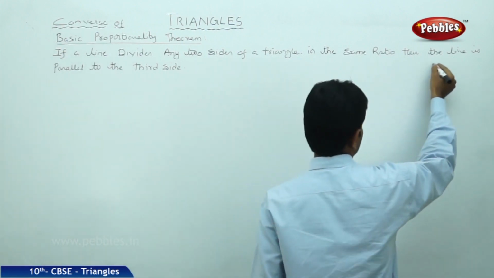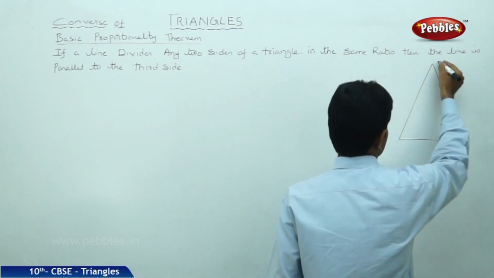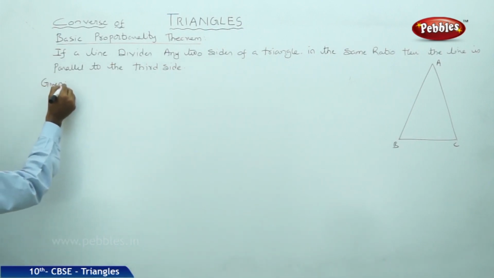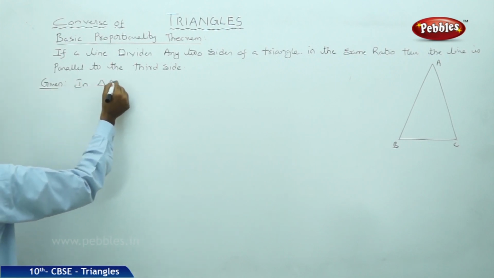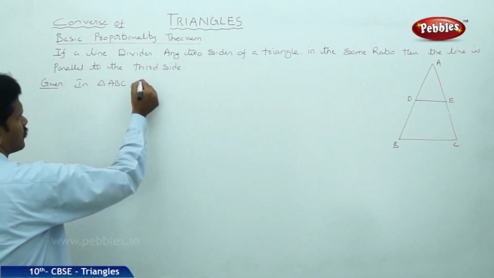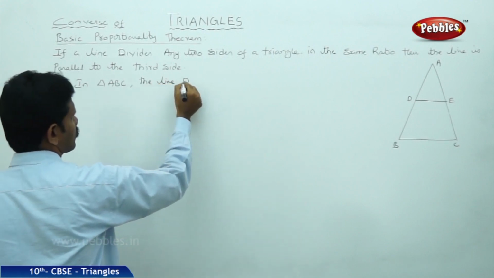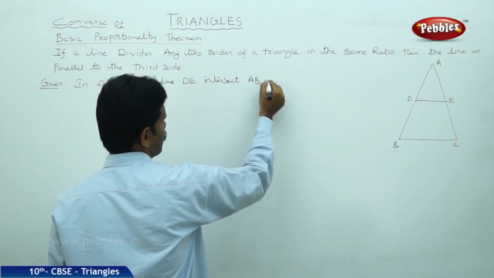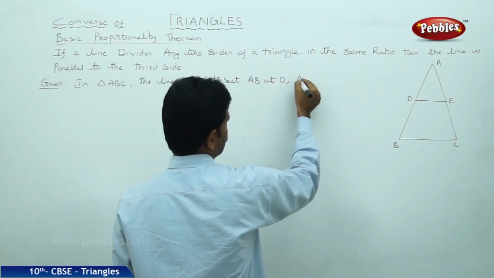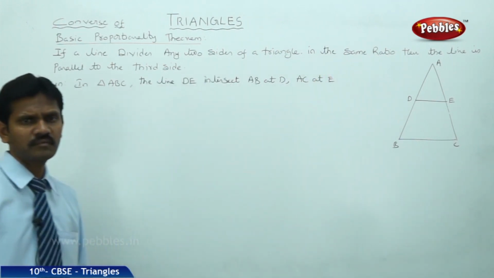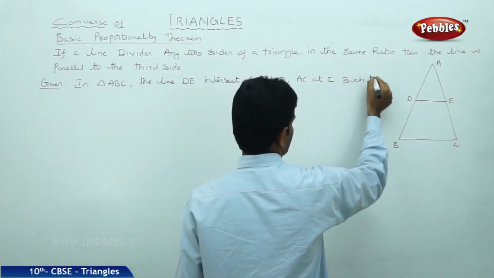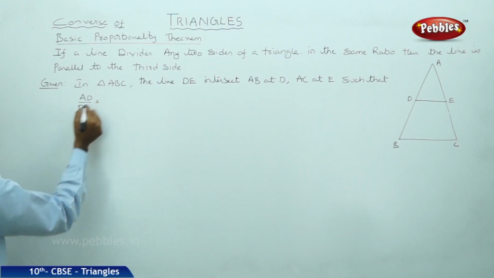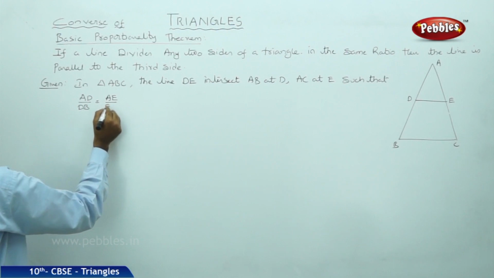Now let us draw the diagram. Given triangle ABC, the line DE intersects AB at D and AC at E, such that AD by DB is equal to AE by EC.